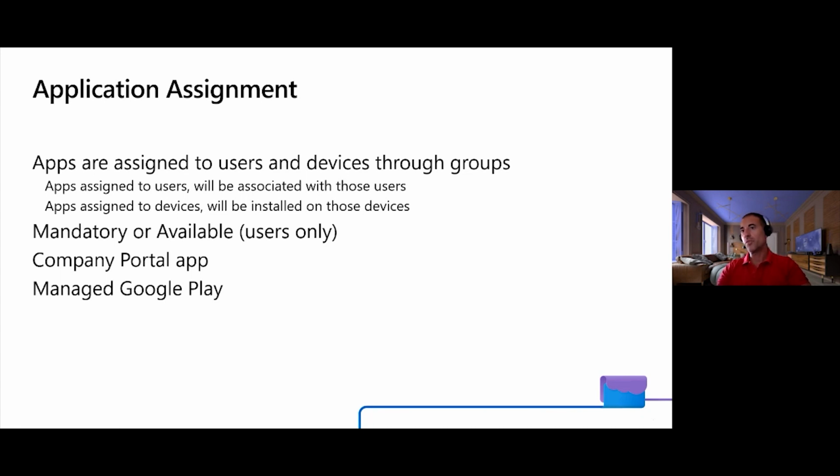So once you publish the apps as available, end users will need to take some actions. They will need to open the company portal app and select the apps that they want to install. Essentially, the company portal app is the application catalog from which every user will install the applications that you publish as available.